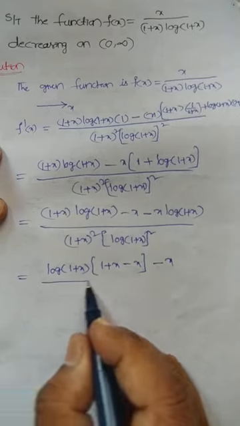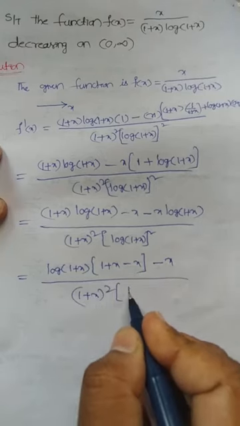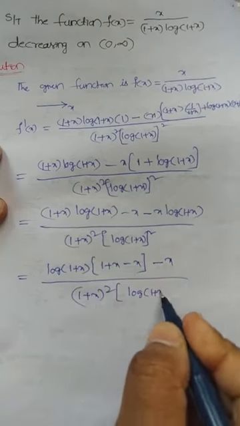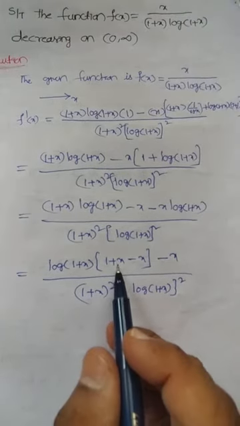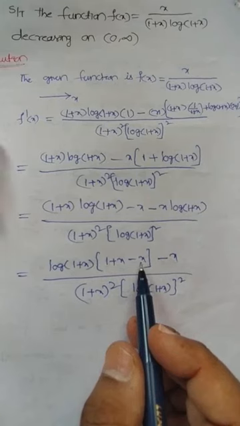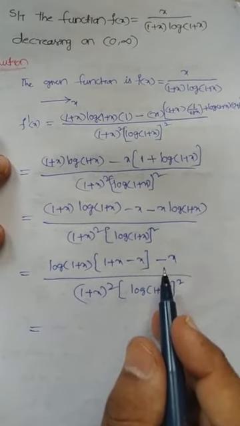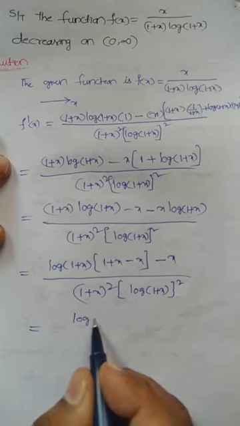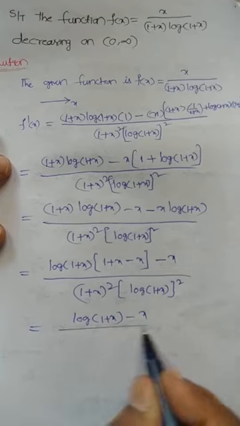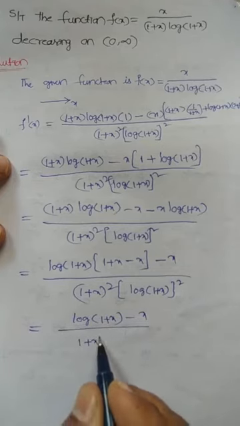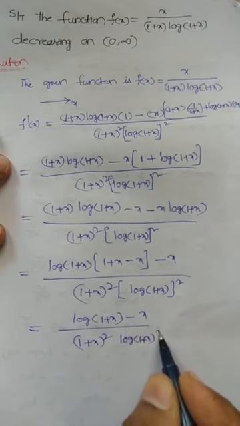Now, over (1 plus x) whole square into (log of 1 plus x) whole square. Now x and minus x cancel, so in the numerator I get log of 1 plus x minus x, over (1 plus x) whole square into (log of 1 plus x) whole square.